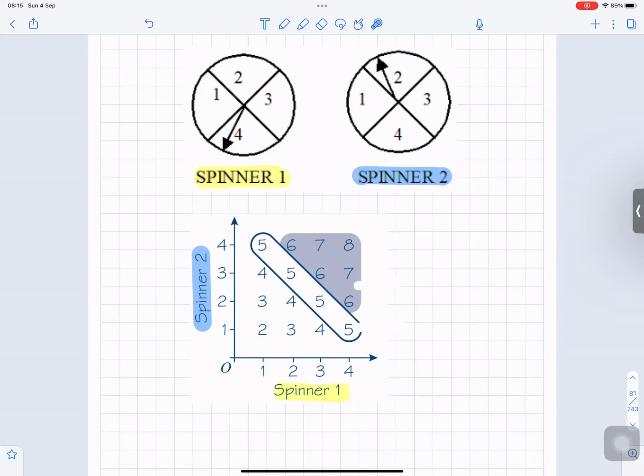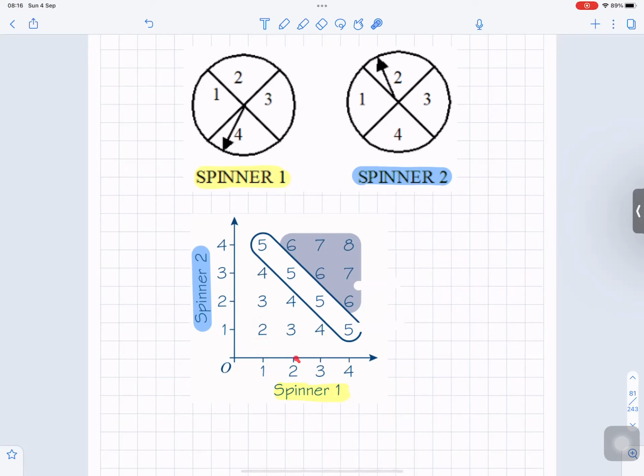So I've got spinner 1 there, highlighted in yellow, and spinner 2 in blue. So when you spin them, if spinner 1 lands on a 1 and spinner 2 lands on a 1, you add them, 1 plus 1, it gives you 2. So you record 2.